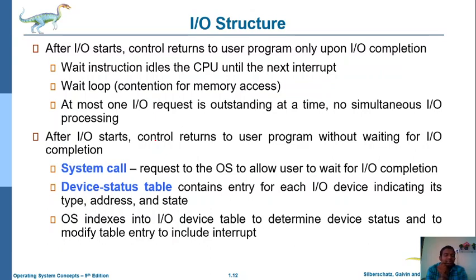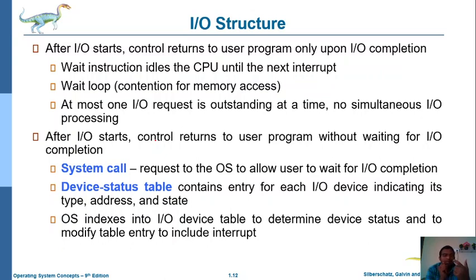That is nothing but a device status table. This table contains information such as the total IOs, the IO requests generated by that particular computer, and which type of IO.